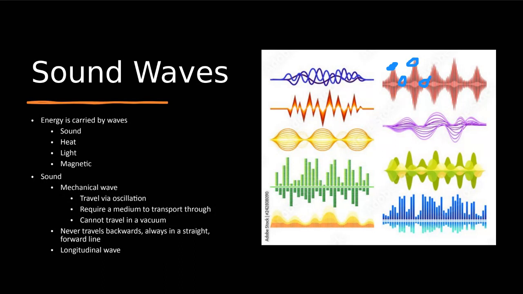So the sound wave itself is traveling forward, backward, forward, backward, but it's still going in this forward direction. Does that make sense? It's almost like, I think I put a picture of a slinky in there too, right? So you throw a slinky in one direction and it vibrates back and forth as it goes in that longitudinal straight line.